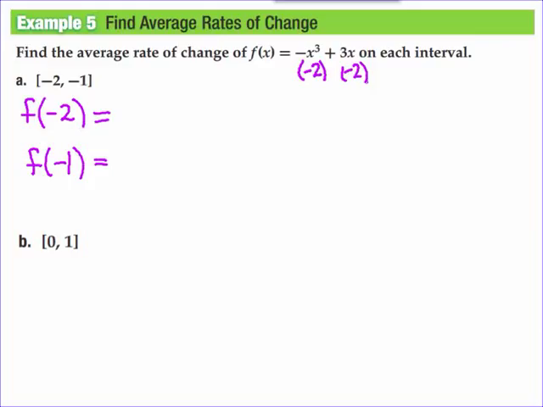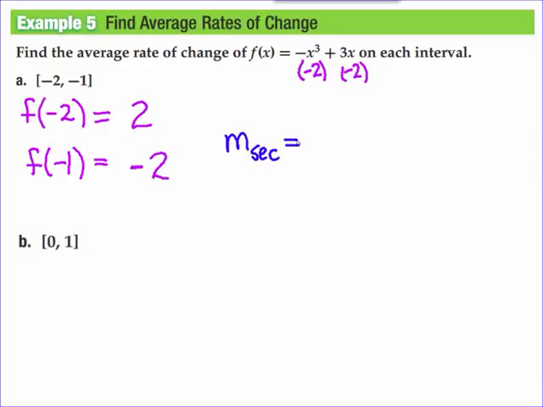So what does that come out to be? 2. Very good. Now what we're going to do is the same thing with f of negative 1. What does that come out to be? Negative 2. Now this is how we're going to find the slope of the secant line, or the average rate of change.